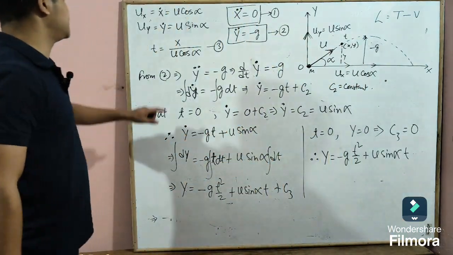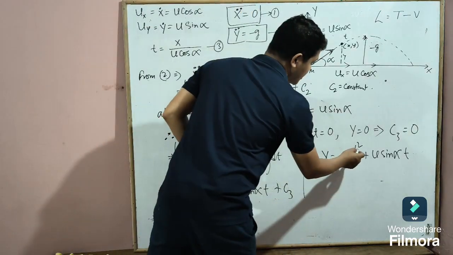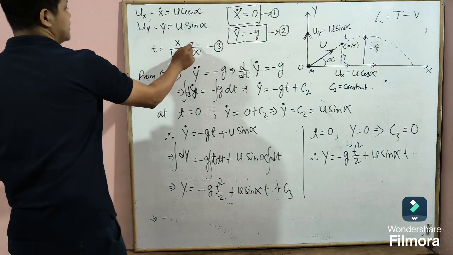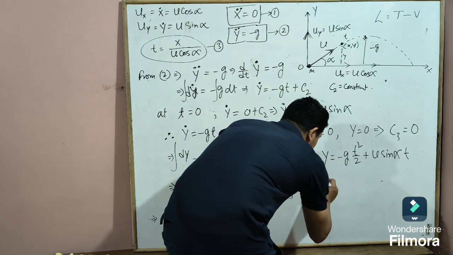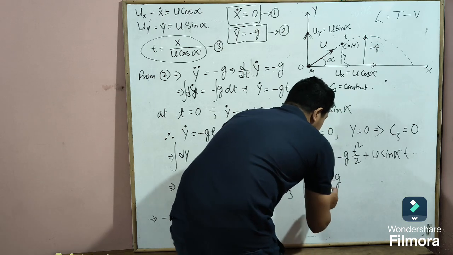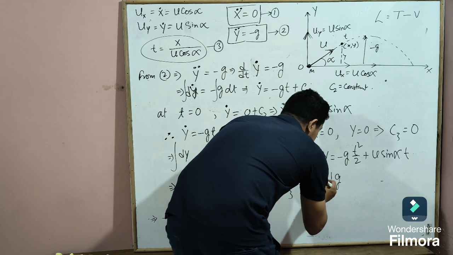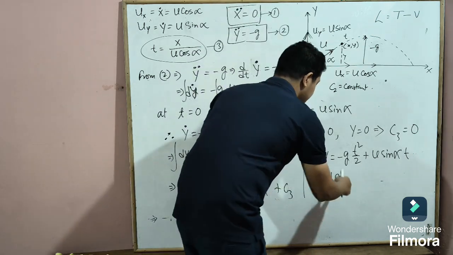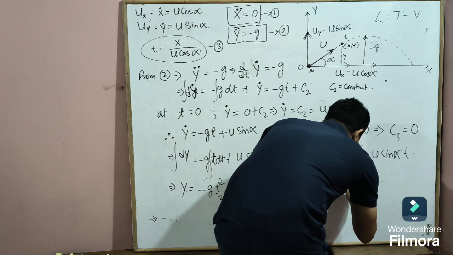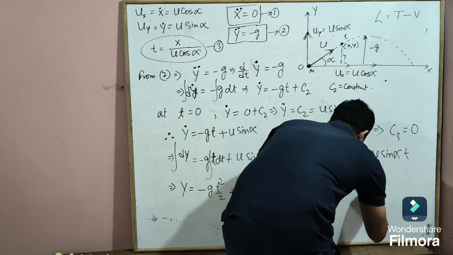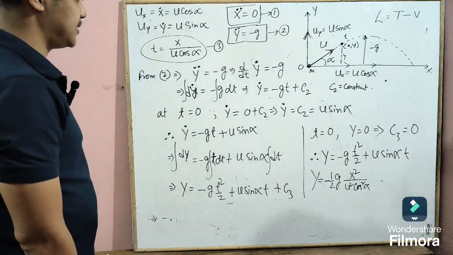Now here we are going to use equation number 3. That means we're going to replace this t by its value, and doing so we have got y is equal to minus z by 2, instead of t square, x square by u square cos square alpha, right?